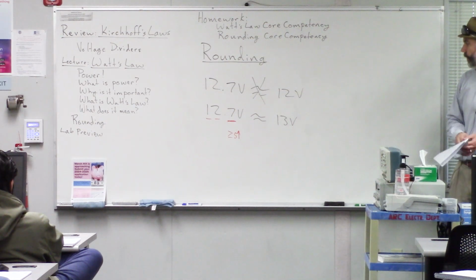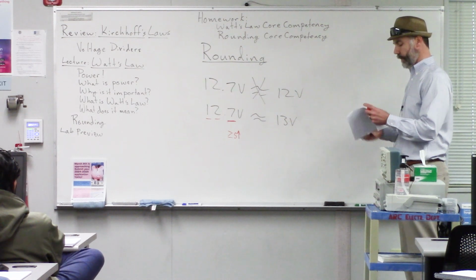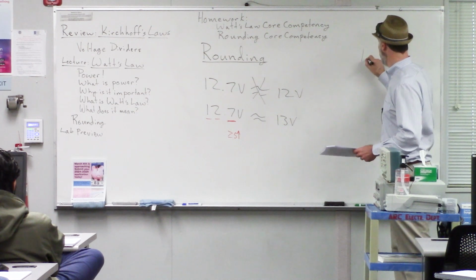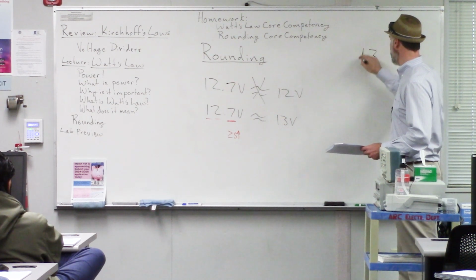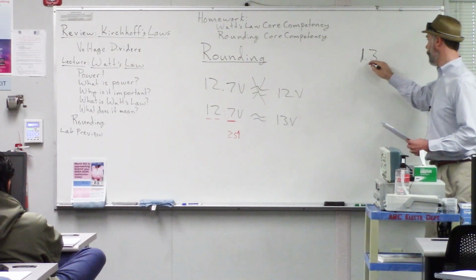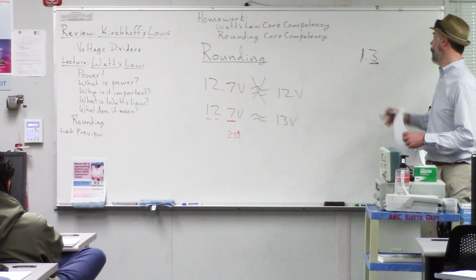So let's say we have 1.3 and we want to keep only one digit here, okay? So what we would do is we would look at the digit after the one we want to keep. So we look at that.